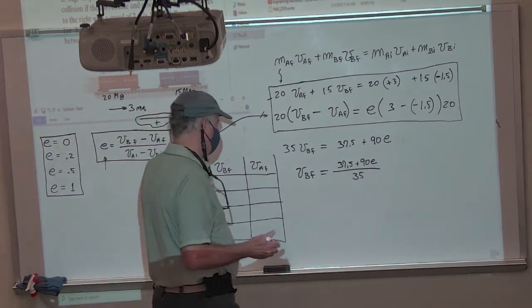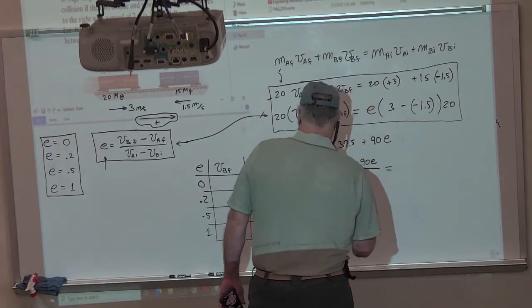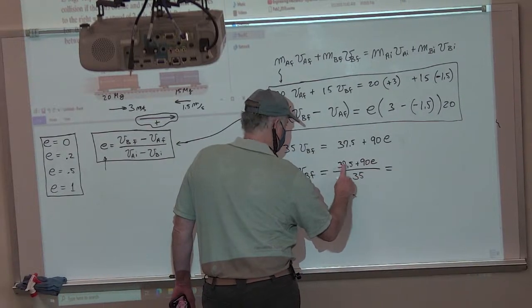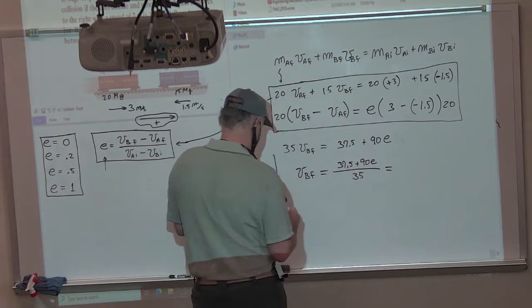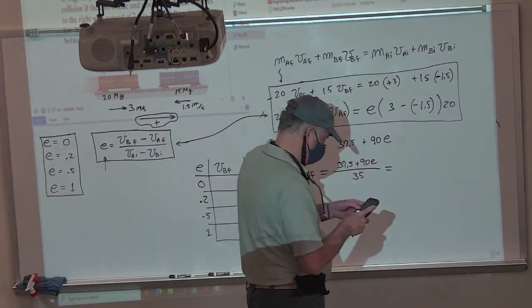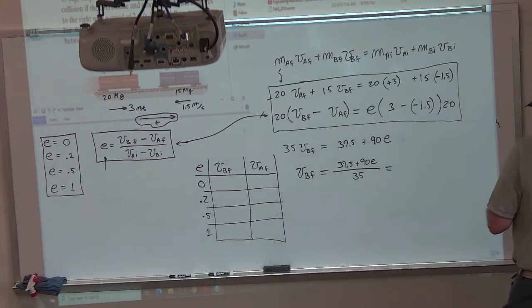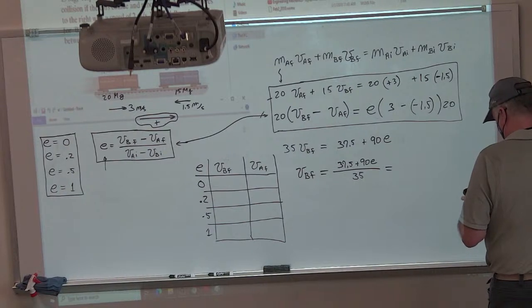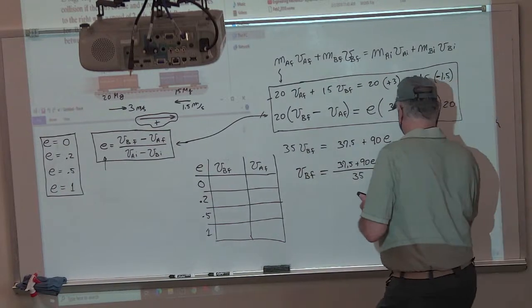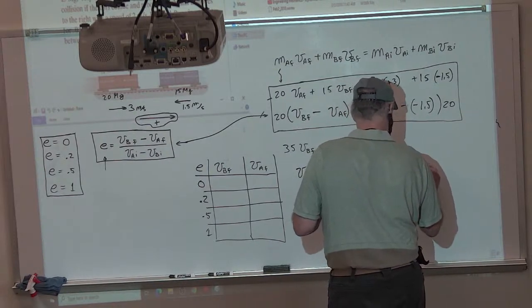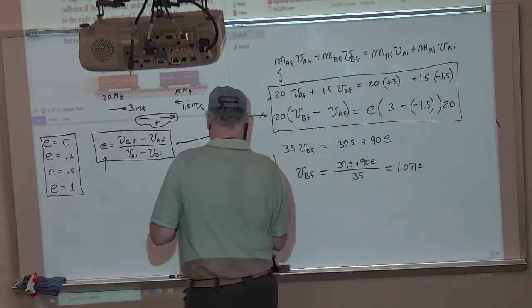And I guess I'll have to put this out. And so if I put in 0 for E right here, I get 37.5 over 35. Give me a second. That's about 1.07. And I'm going to carry extra digits, and maybe you'll see why in a minute.